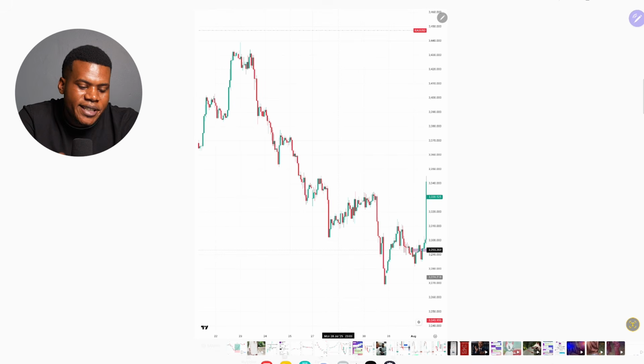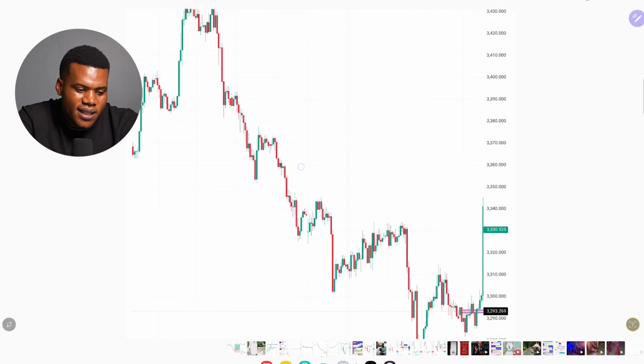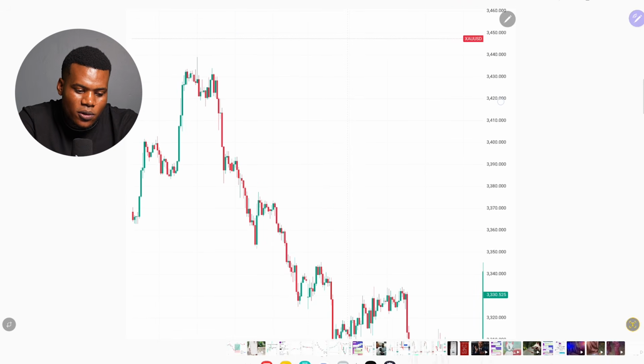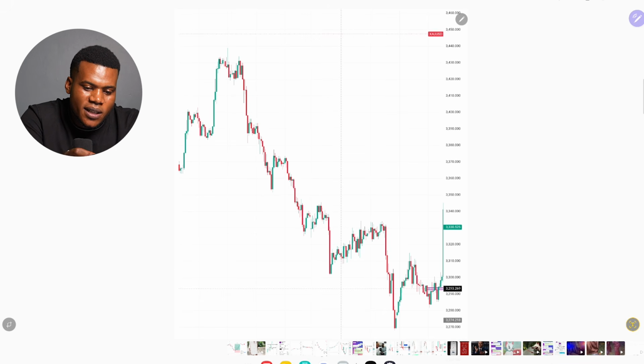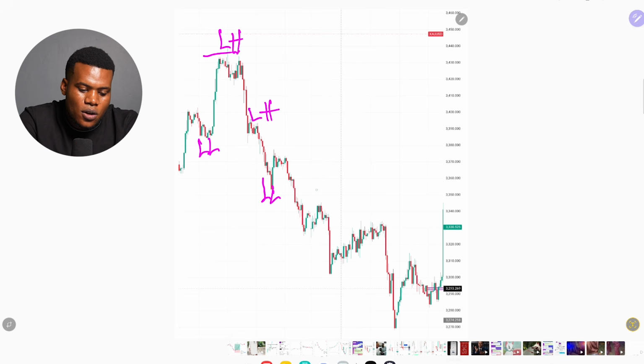So when we go on this chart, it is telling us that this market is in what we call downtrend, because it is making the series of lower highs and lower lows, the same as this one.